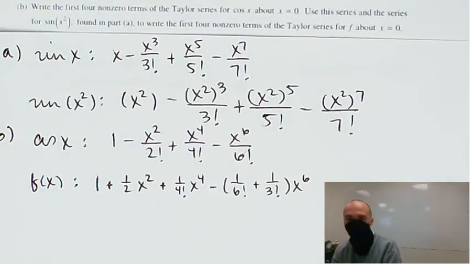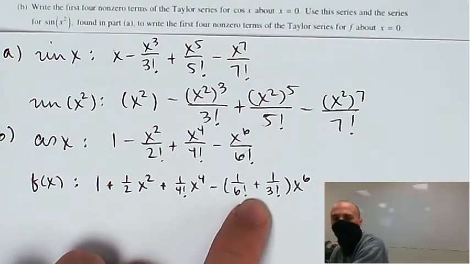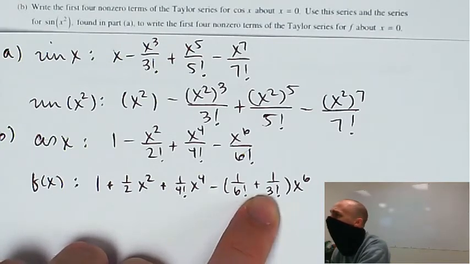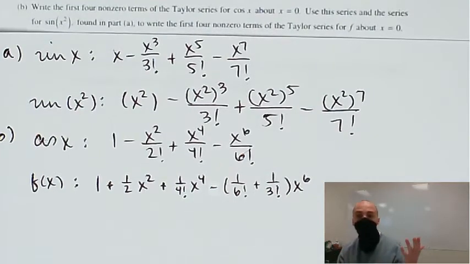Okay, so that's the first four non-zero terms for f of x. Maybe there's some kind of arithmetic I'm missing here. I don't even know what 6 factorial is. That 720? Yeah. So there's a common denominator situation in there somewhere, but who cares? That's 4 non-zero terms for f of x, right?